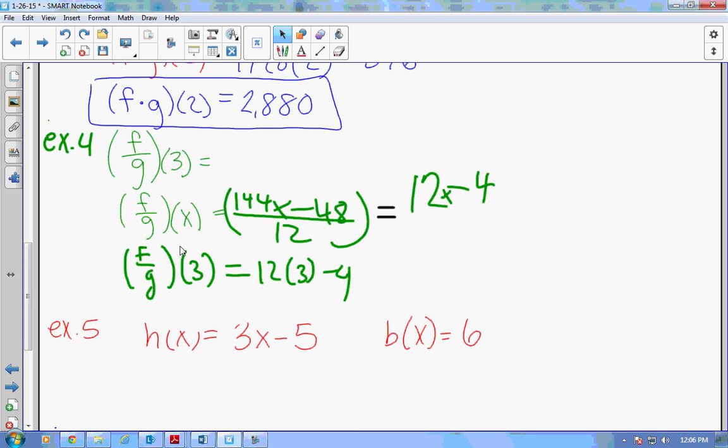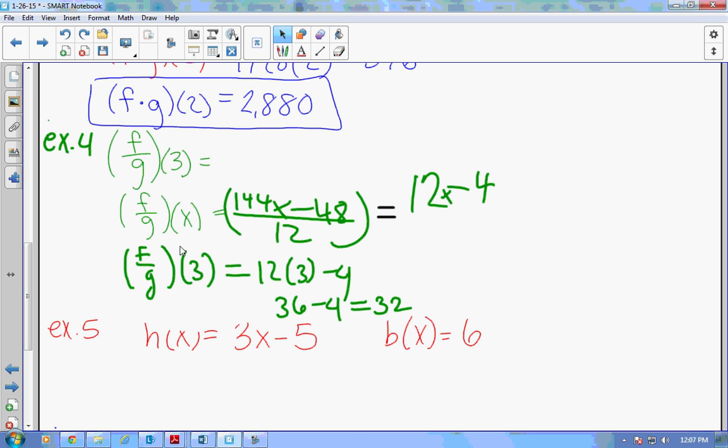Okay, is that what you're supposed to do? You replace the x with 3? Yeah, okay? So, multiply or subtract first. Which do we do? Multiply. 12 times 3. What do you think?